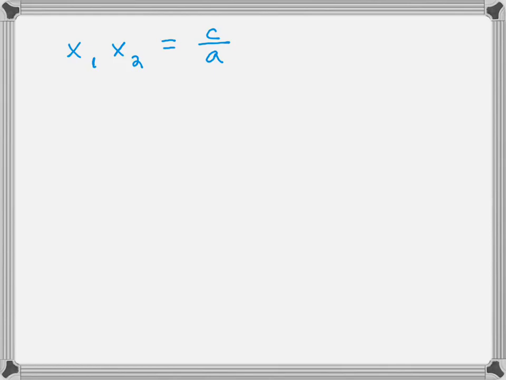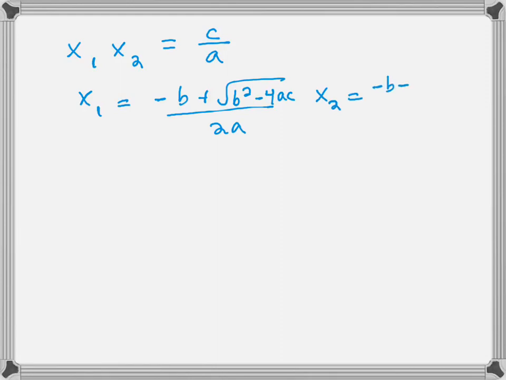So if we're looking at the 2 terms, x1 and x2, I'm going to set x1 equal to negative b plus root b squared minus 4ac all over 2a. And I'm going to set x2 to negative b minus root b squared minus 4ac all over 2a, right? So we have one of the positive and one of the negative solutions, which is what you're always going to get when you solve a quadratic.